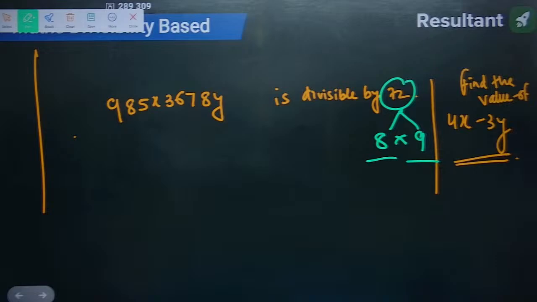Try to solve this. Please solve it fast.